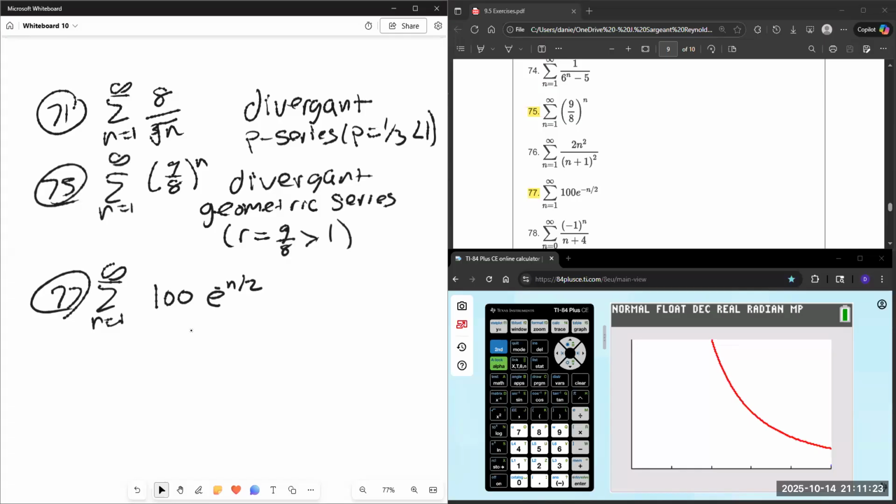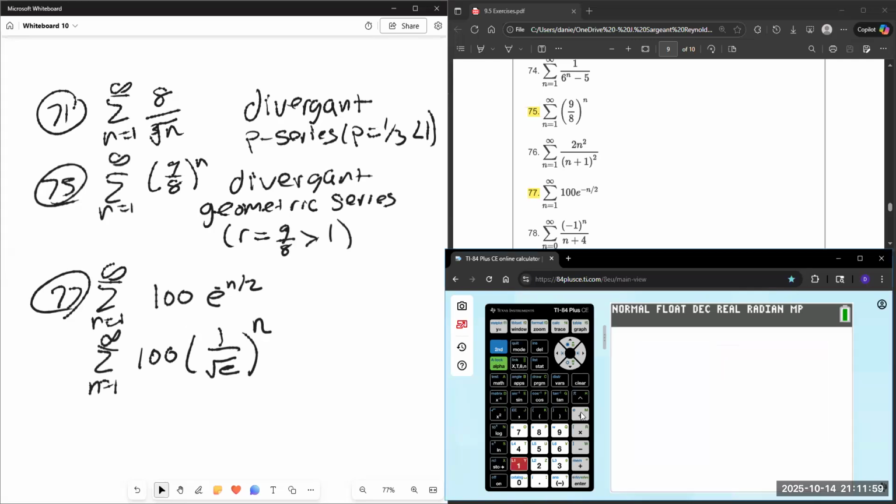Same for the one above it, but I can still see what r is. r is equal to 1 over the square root of e. So let's rewrite here: n equals 1 to infinity of 100 times (1 over the square root of e) raised to the n. And 1 over the square root of e is certainly between 0 and 1.